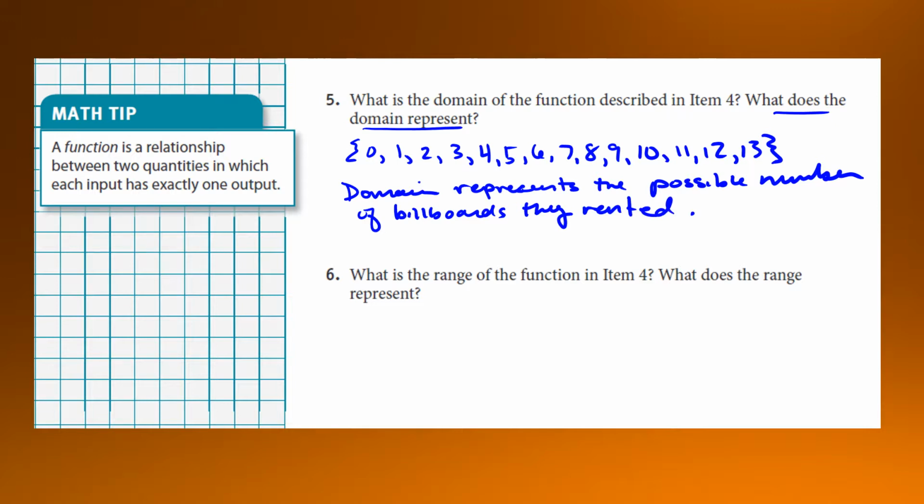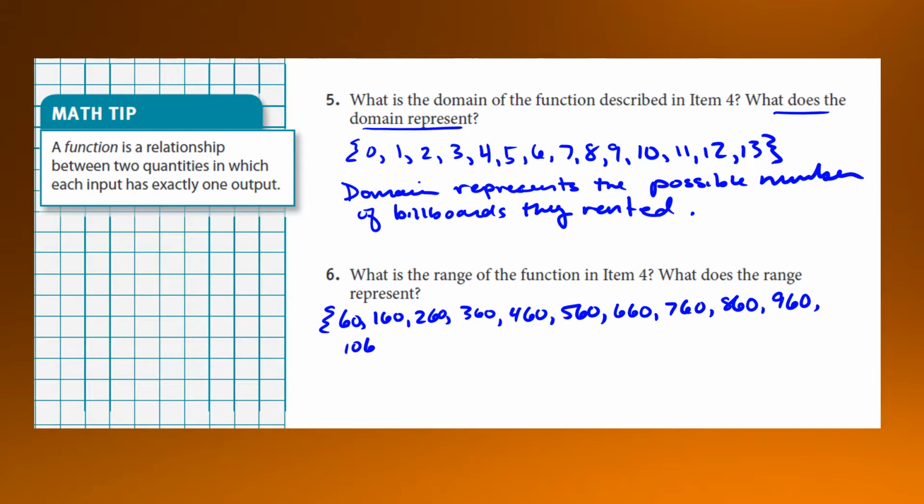Now what's the range of the function in item 4 and what does it represent? See what you can do. Hopefully that makes sense to you.